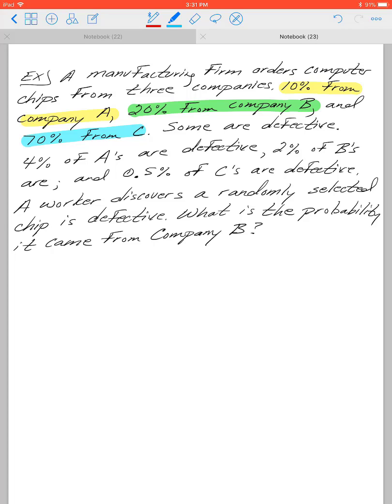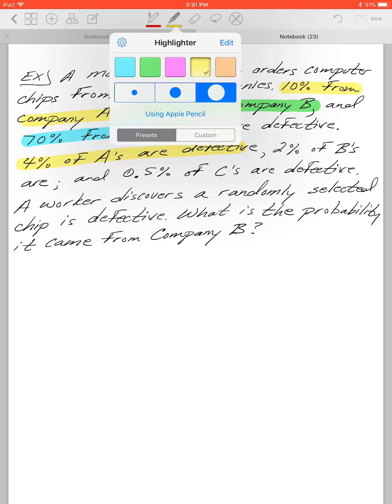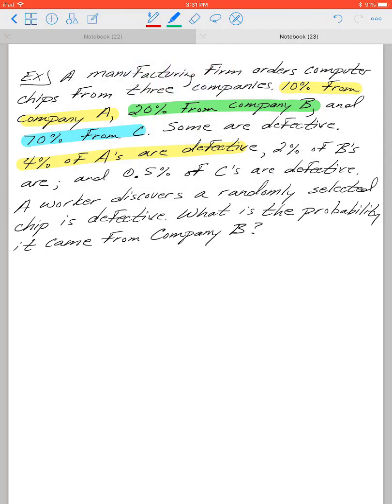First we have the different groups, and then now we're saying, from within those groups branch, something's happening, right? 4% of A's are defective. Let's make that match A. 4% of A's are defective. 2% of B's are also defective. 2% of B's. And 0.5% of C's are defective.